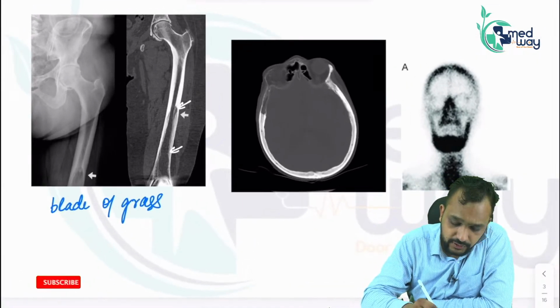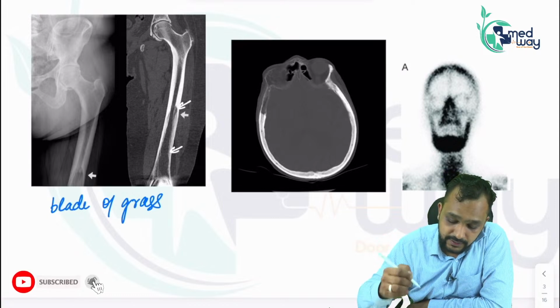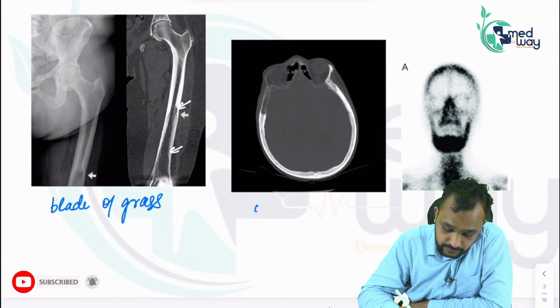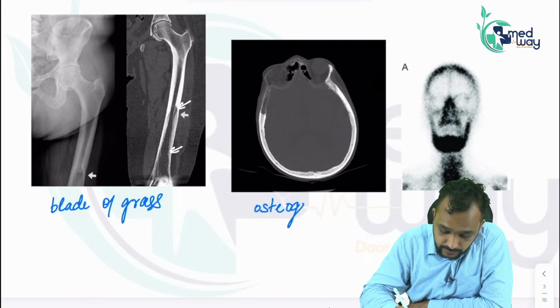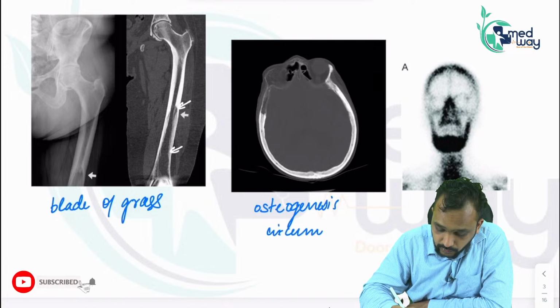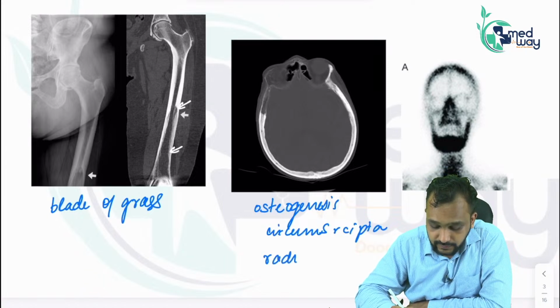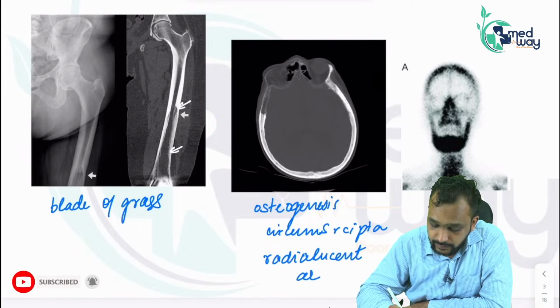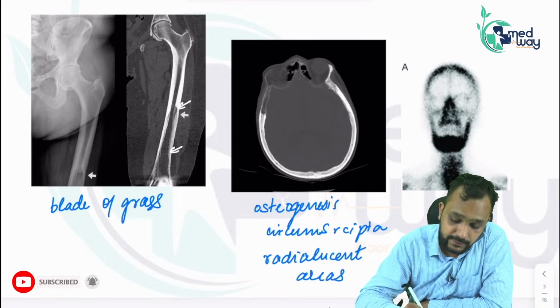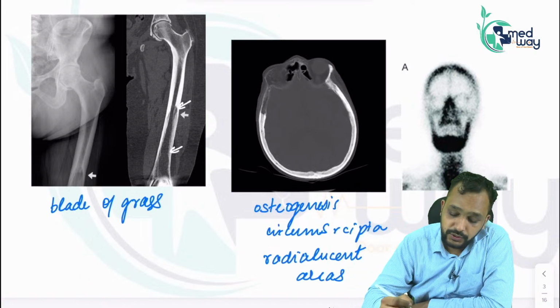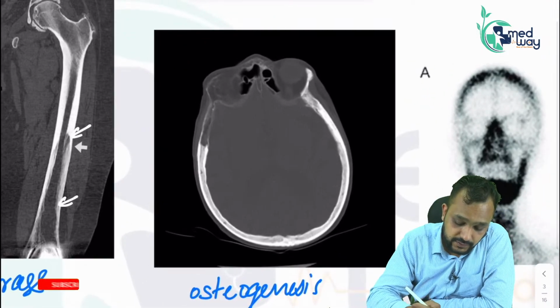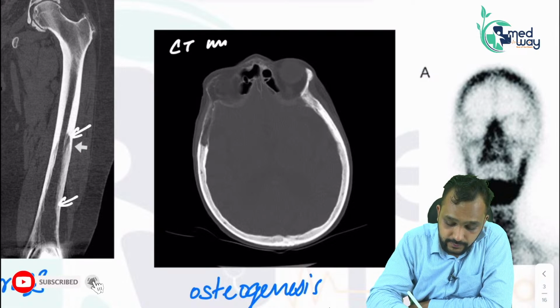Now the second very important sign that we should know in Paget's disease is osteoporosis circumscripta. So what happens, there are well defined radiolucent areas seen on the skull X-ray, right? This is not a skull X-ray that I am showing you here, but a CT image of the head.